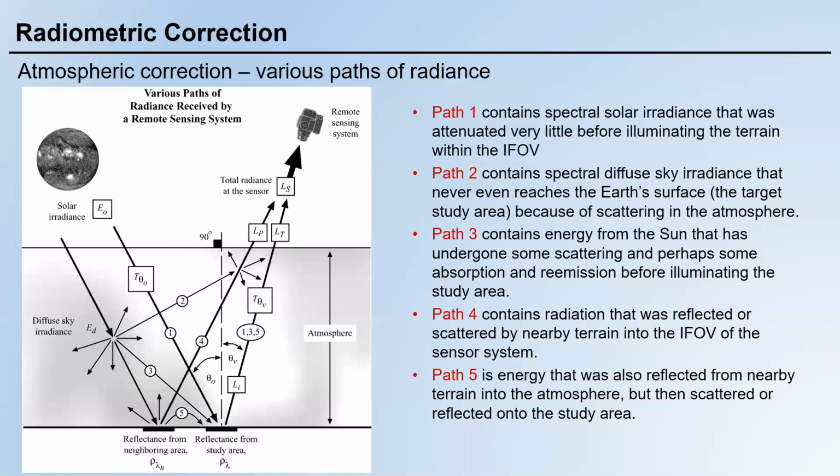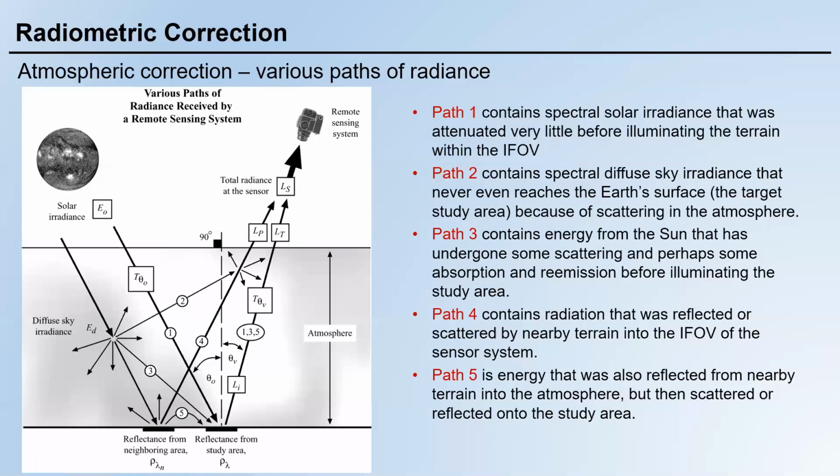Path 4 is the reflected energy from the neighboring area. So you can say that it's very hard to retrieve the useful reflected information for the study area because there are so many factors affecting the energy collected by your camera, by your sensor.